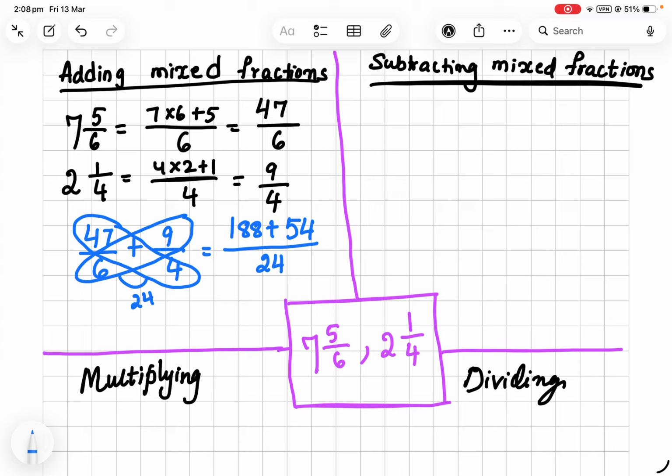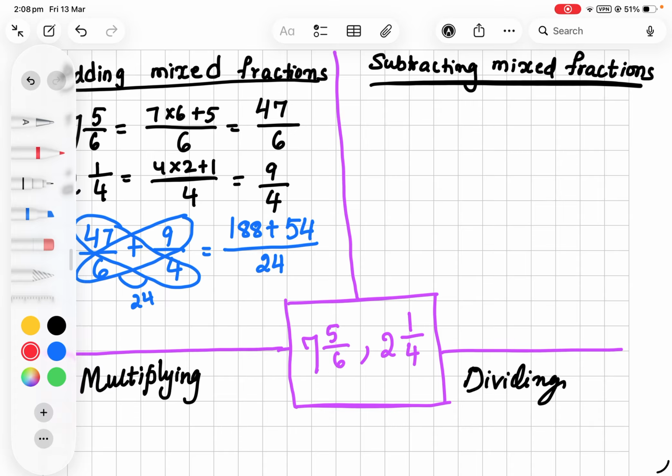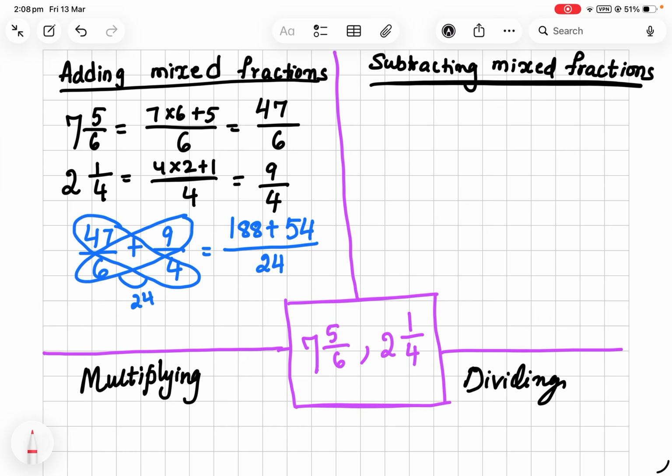188, remember the plus that I said to introduce. You could have first written your multiplications here just for clarity. So 47 times 4, that's 188. 6 times 9, that's 54. And then the smiley, which ended up being 24. And now I'm introducing the addition for those numbers.